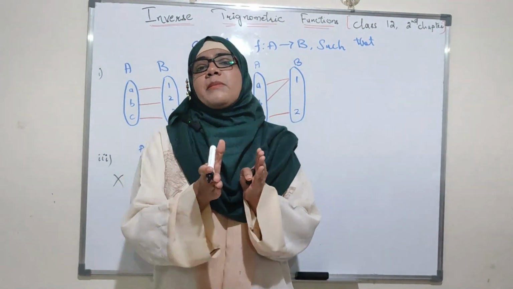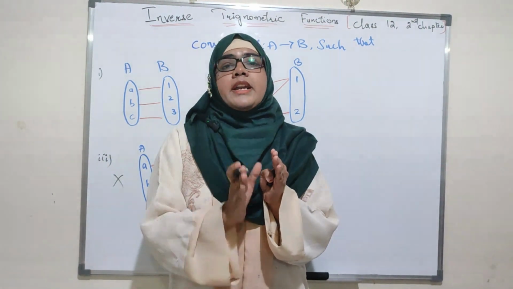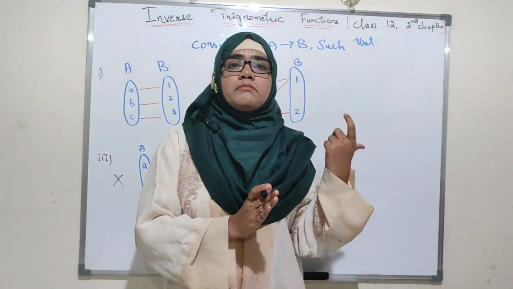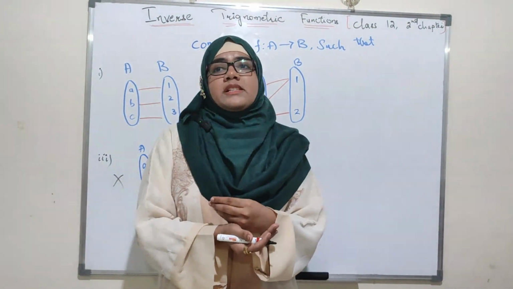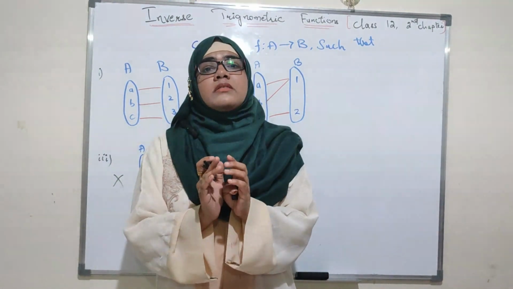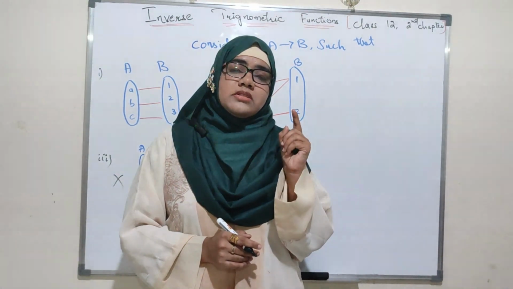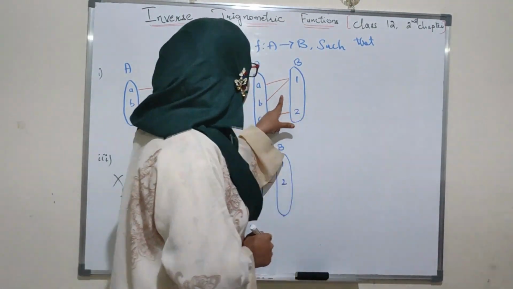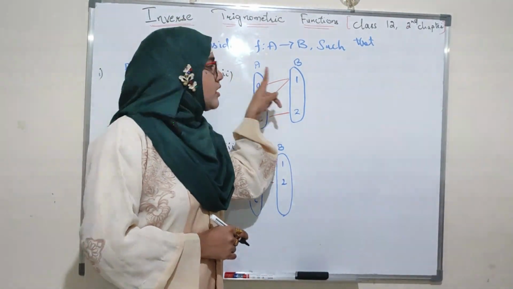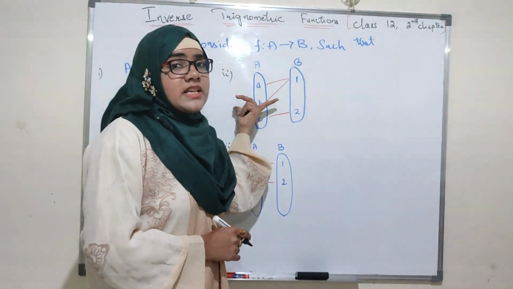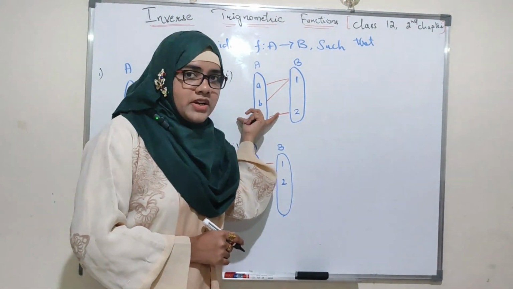If every element of set A has an image in set B, or in some cases different elements of set A have the same image in set B, it will form a function.